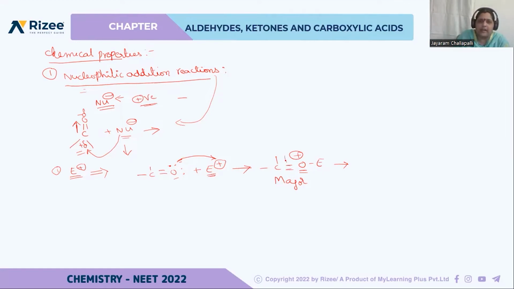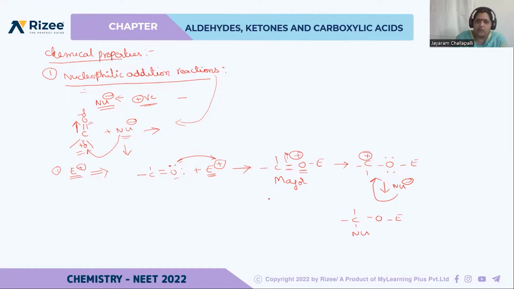This oxygen atom attracts the electrons from this pi bond, leaving the carbon as C+, and it attains its own electrons. Now the nucleophile will come and attack this carbon. So in this case also, the nucleophile will come and attack the positive carbon atom, and the electrophile will attach to the partially negative oxygen atom.